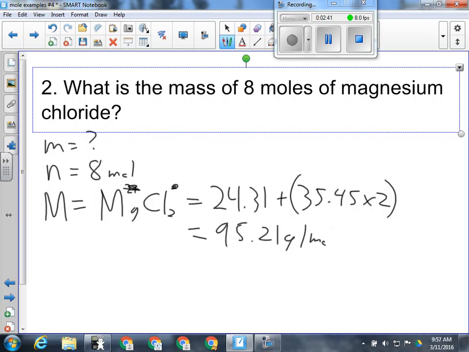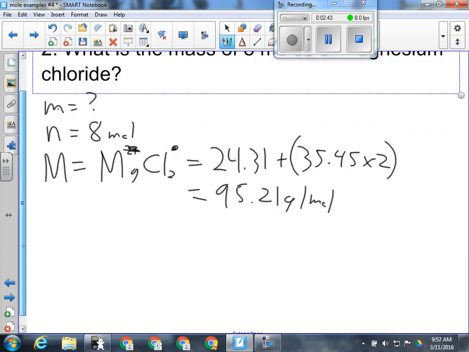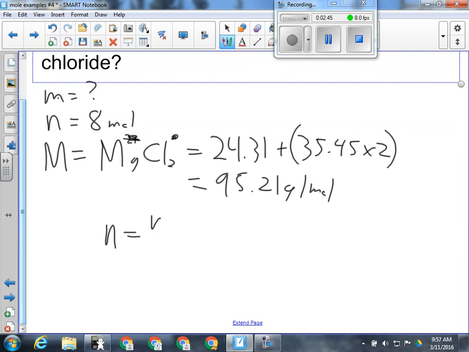I'm looking for little m, which means I have to manipulate the mole equation. To get little m by itself, I need to move big M. To move it, I do the opposite, and what I do to one side, I do to the other. So M times n equals little m.